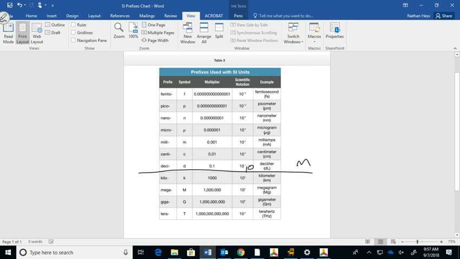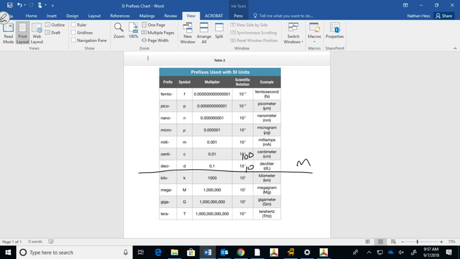Since this is 10 to the 2, this is 100 centimeters for every 1 meter. Nanometers is 10 to the 9. That's a billion. There's a billion nanometers in 1 meter. Are you with me, friends?